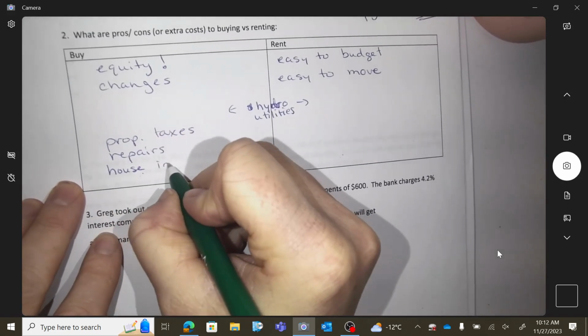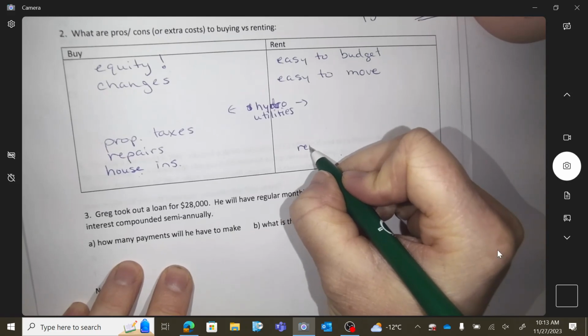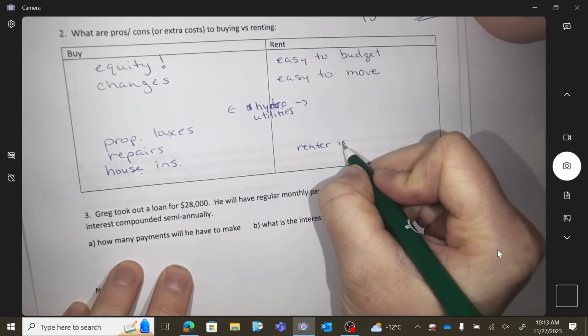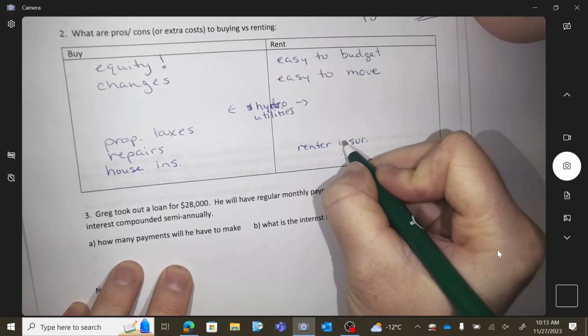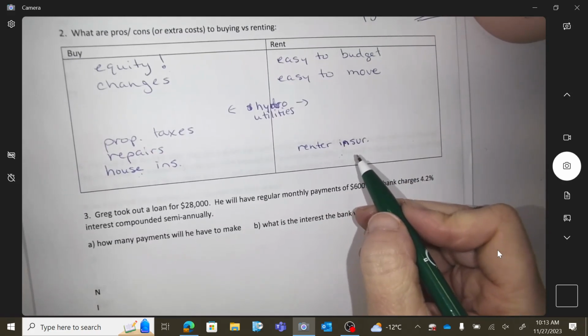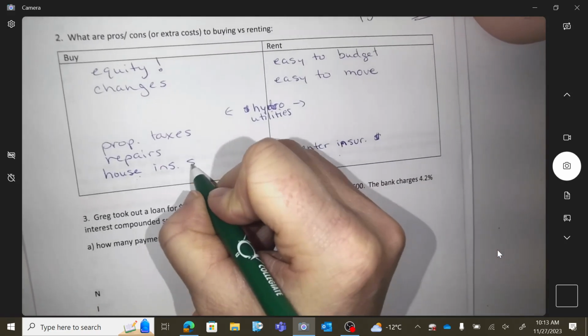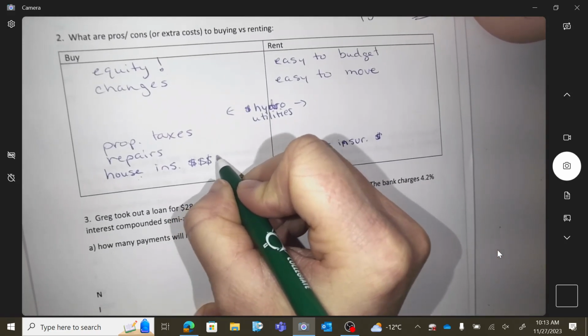Home insurance. People who rent should get renter's insurance as well, but it'll be a little bit of money, and this would be a lot more money, right?